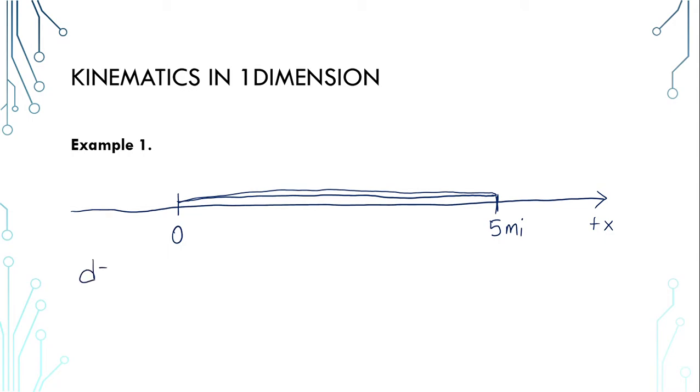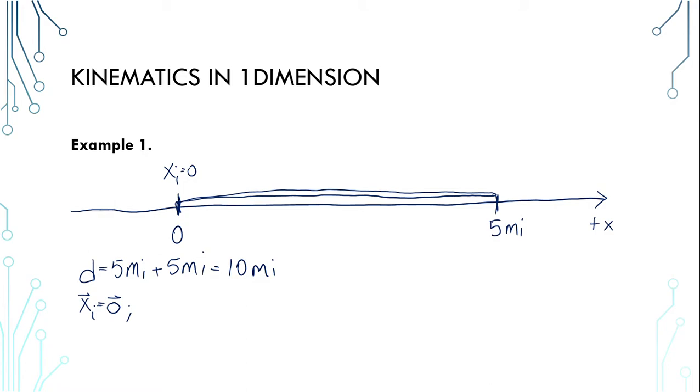Well, the distance traveled clearly is 5 miles going from 0 to 5 plus another 5 miles going from 5 back to 0, and therefore the total distance traveled is 10 miles, which is non-zero. However, what is the displacement in this case? Well, initially the person at time t0, say, is at the location x0, and therefore the initial position is 0.